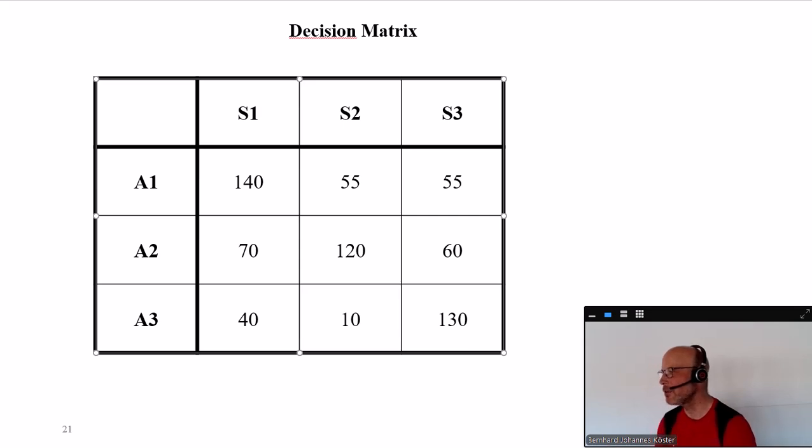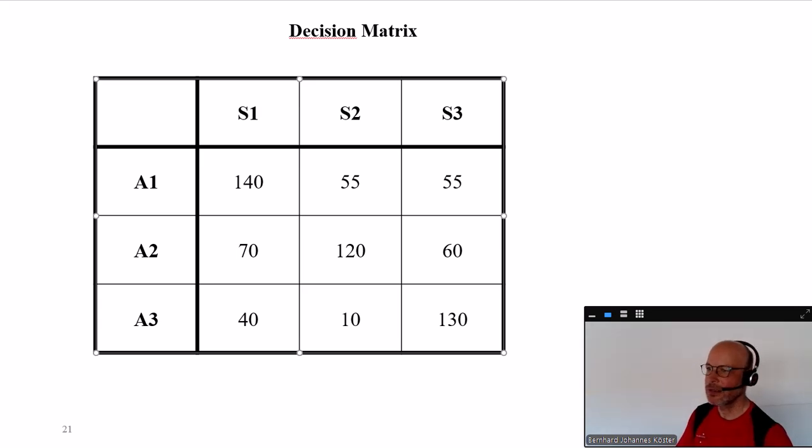And for this, you use the so-called dominance principle. There you look at the outcomes and ask whether one alternative is dominating another alternative in every scenario.